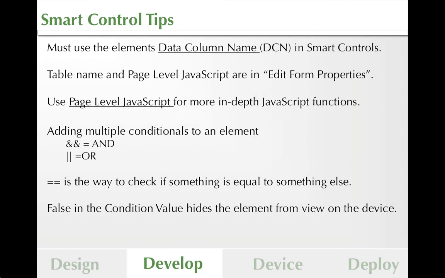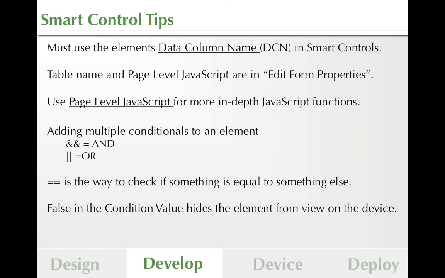So if you find that you're constantly using the same type of code, or you want to use a variable with the JavaScript, you can place that within the page level JavaScript, and it'll make what you have within the smart controls a lot simpler and a lot cleaner. It also works well if you want to have a specific function happening in multiple elements.